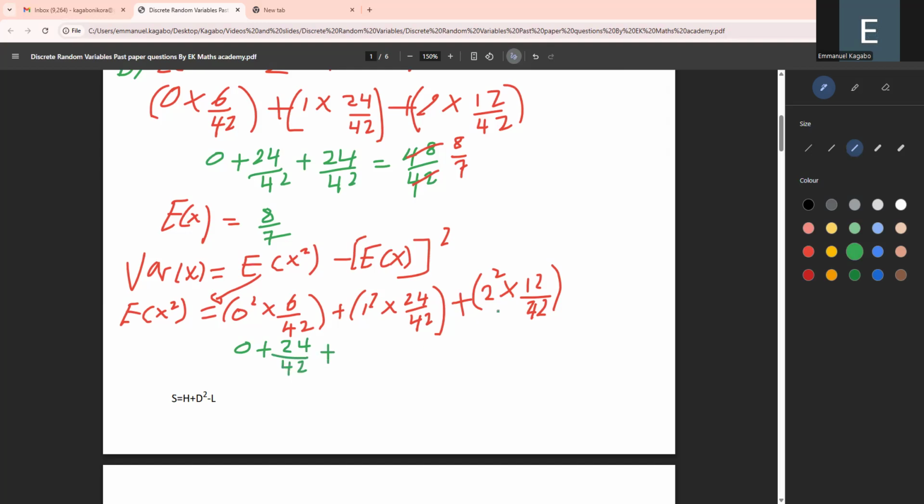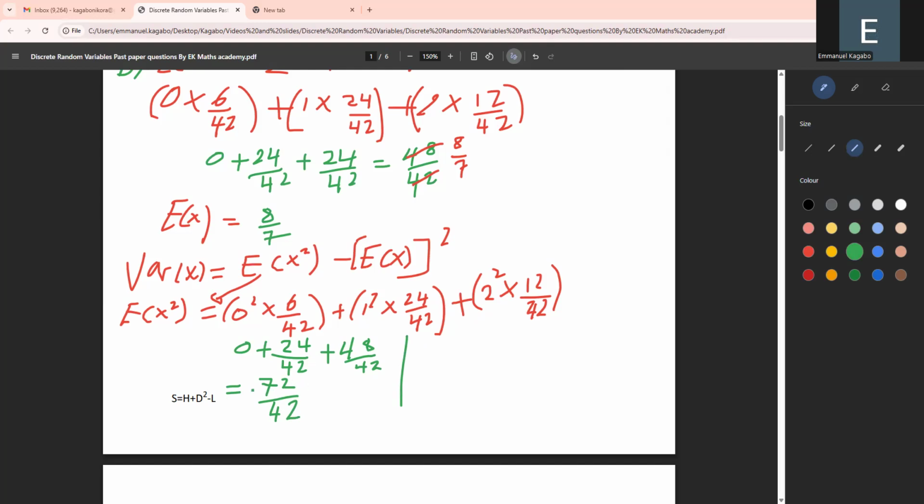Plus 2 squared, which is 4 times that. That will give me 48 over 42. So if I add them, it will give me 72 over 42. When I simplify that, it gives me what?